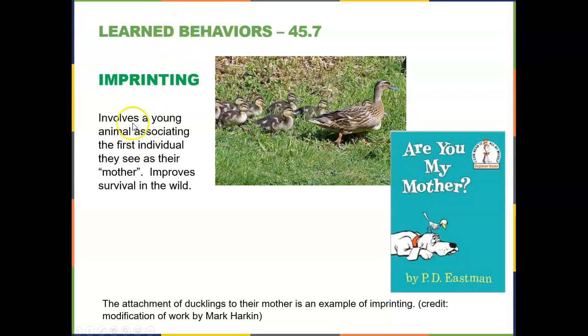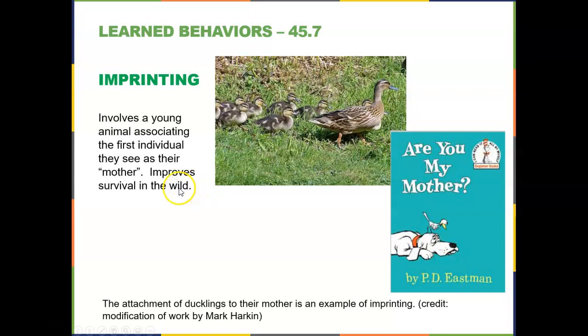This is something that occurs very early. So in a very, very young animal, and we see it in a lot of birds, the very first individual they see, they decide is their mother. And they will latch on to this mother and follow her. And this helps improve survival in the wild.